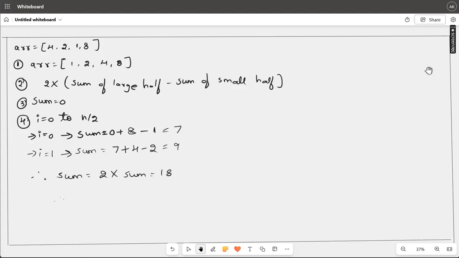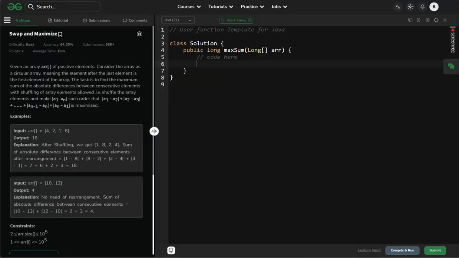Therefore the output is 18. So if you see in the program, for 4 2 1 8, the output is 18. It is a very easy formula: 2 into the sum of large halves minus the sum of small halves. So simply we will apply the logic here.